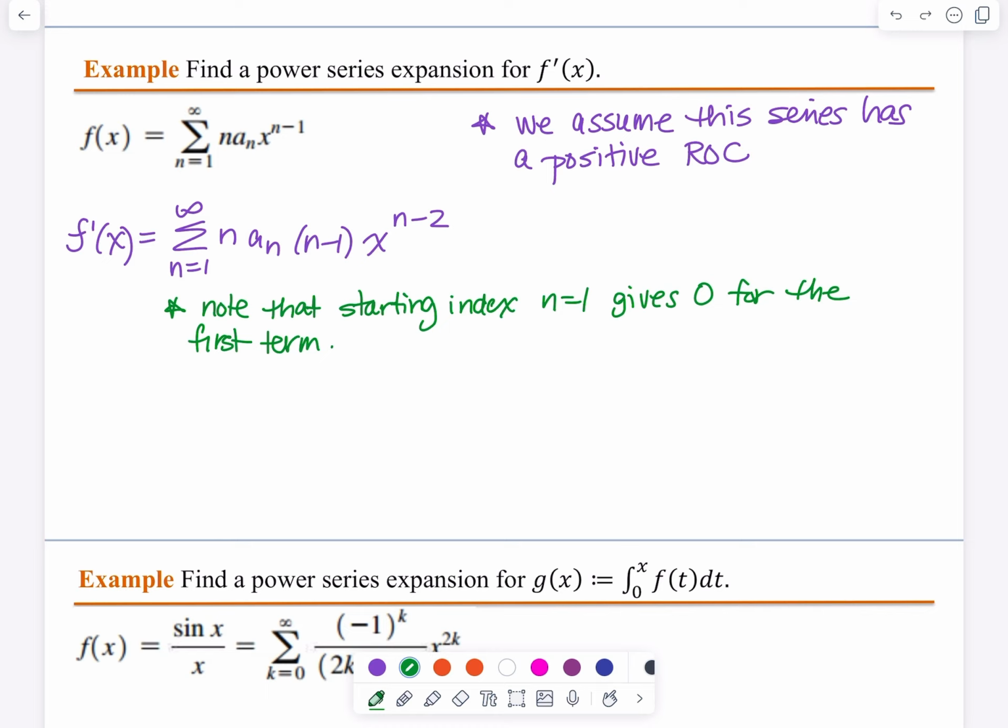Therefore, we will start the series at n equal to 2 to obtain the first non-zero term.